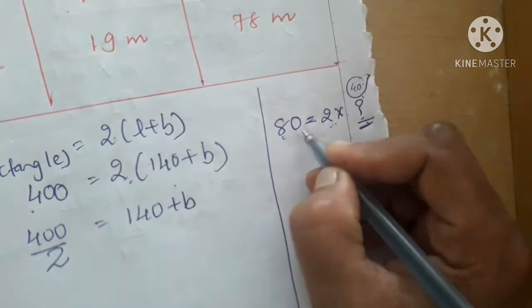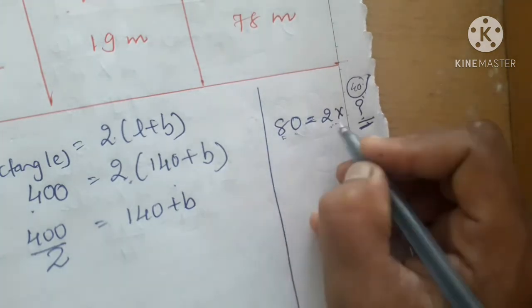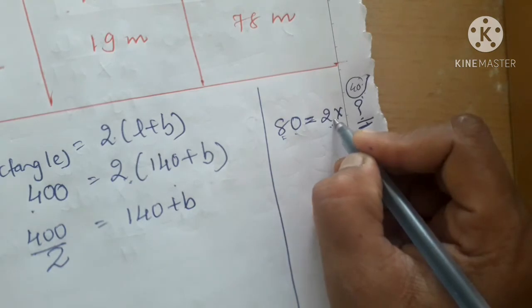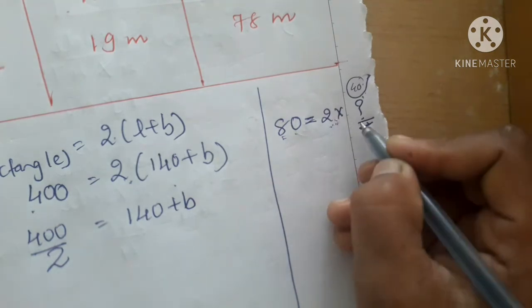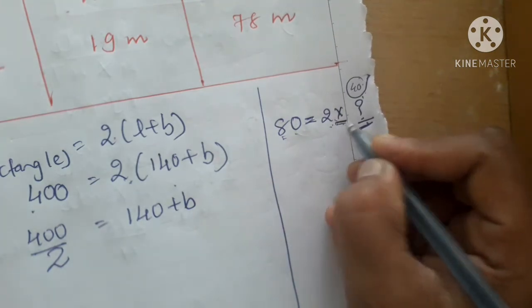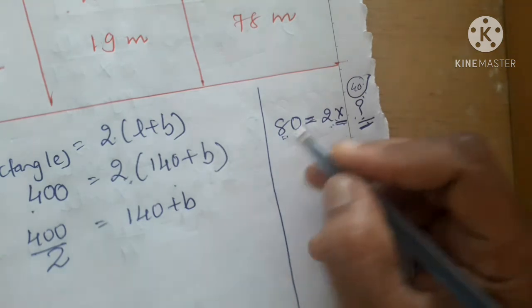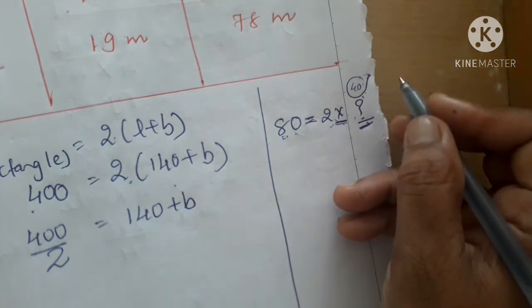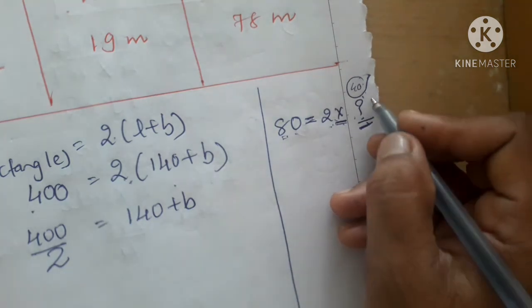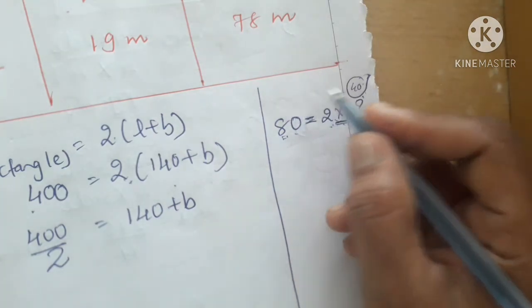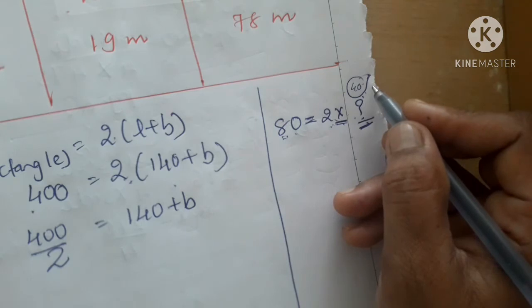And these numbers you can see that they are on the opposite side. So when you see the numbers on the opposite side and with multiplication sign, then on the other side you will do the division. If it is division, then on the other side you are going to do the multiplication. If it is plus, on the other side minus, and if it is minus, on the other side you will do plus.